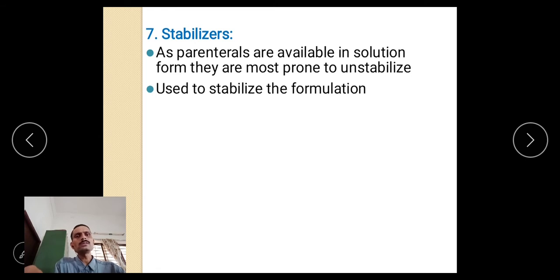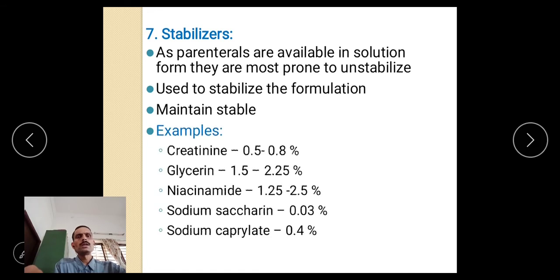To enhance the stability of your formulation, we have to add stabilizers, for example creatinine, glycerin, niacinamide, sodium saccharin and sodium caprylate. They enhance the stability of the products, and that is why they are called stabilizers.